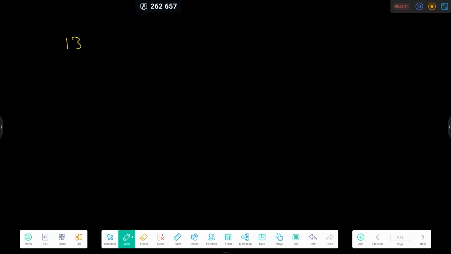13 square. Let's do this a little more faster. 13 square is nothing but 13 into 13. Rounding it off, we take it to 10. Difference is 3. So we're going to add 3 to the other 13, making it a 16.